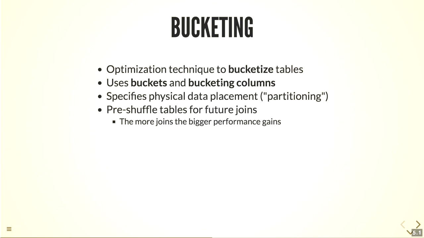So, optimization technique. And it uses buckets and bucketing columns, okay? So, it's almost like partition by or partitioning, but with partitioning, you don't specify the number of partitions, correct? It's being calculated for you. Now we are saying we want to use n buckets by these bucketing columns. Okay?